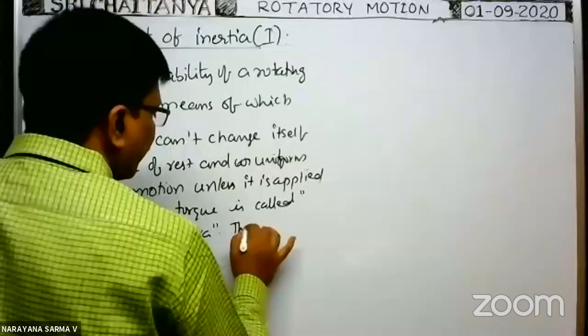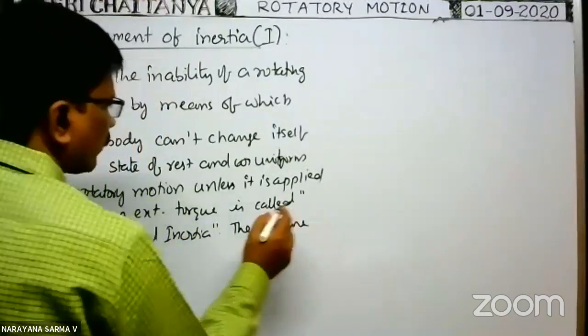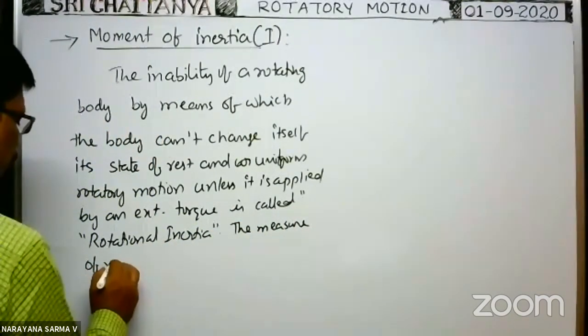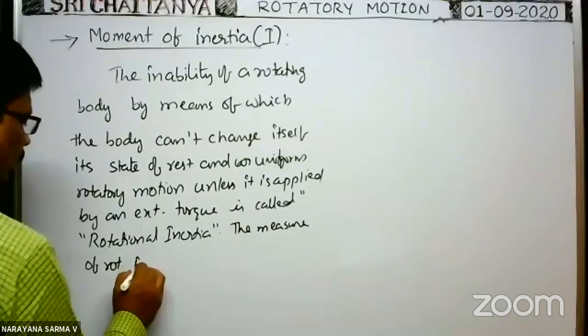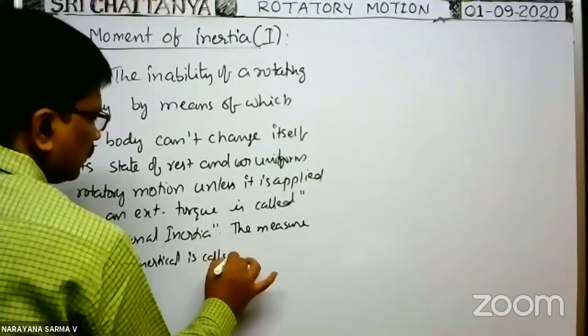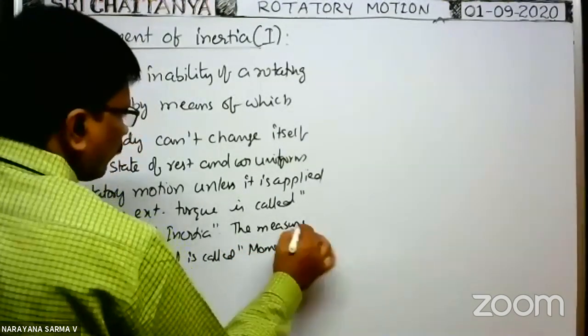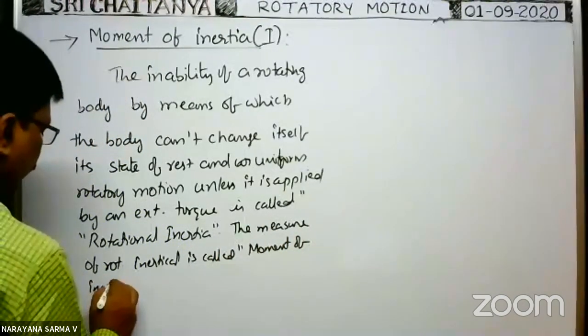The measure of rotational inertia is called moment of inertia.